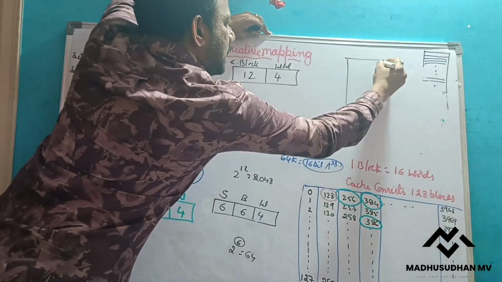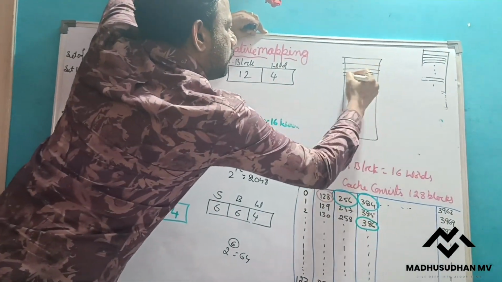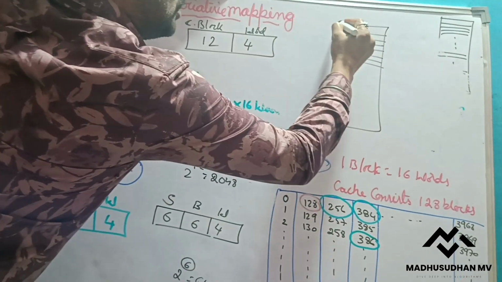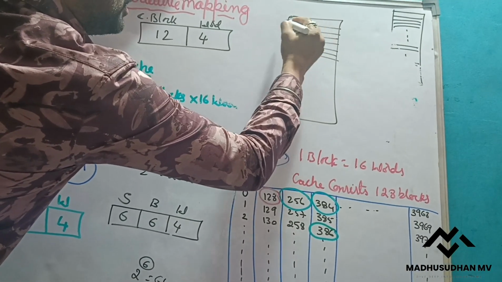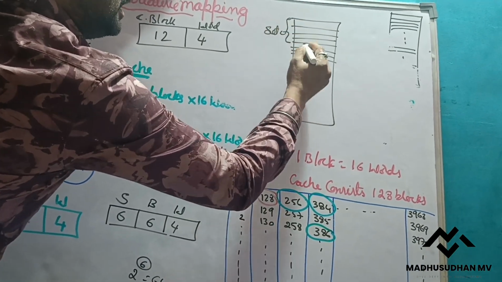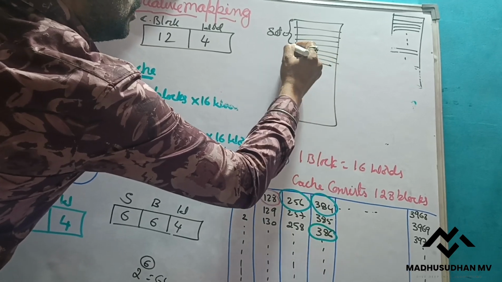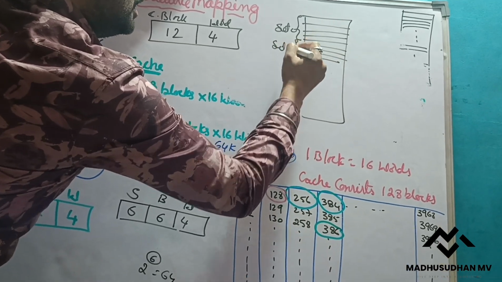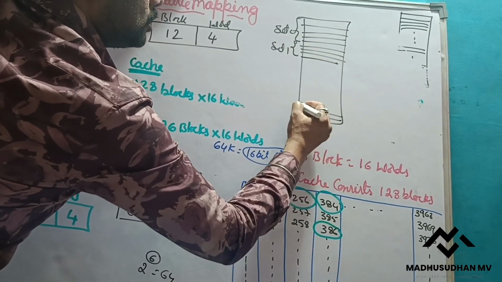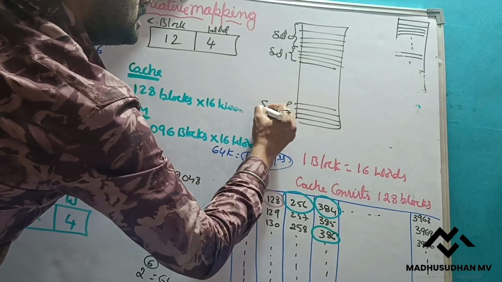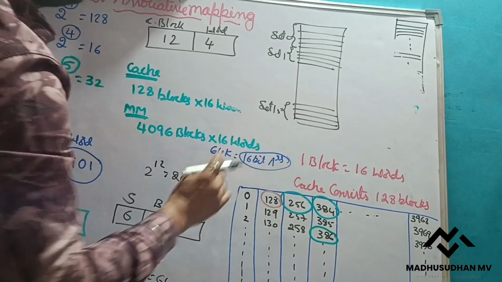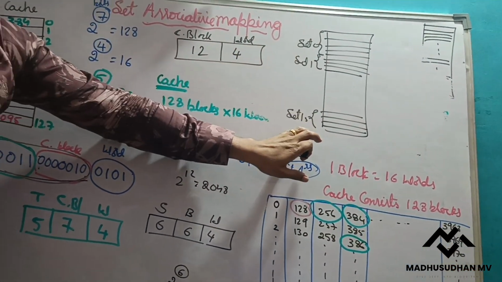Now suppose this is your cache. 1, 2, 3, 4, this is my set 0. Next 1, 2, 3, 4, this is my set 1. Similarly 1, 2, 3, 4, this is my set 15. So now the total is 16 sets.